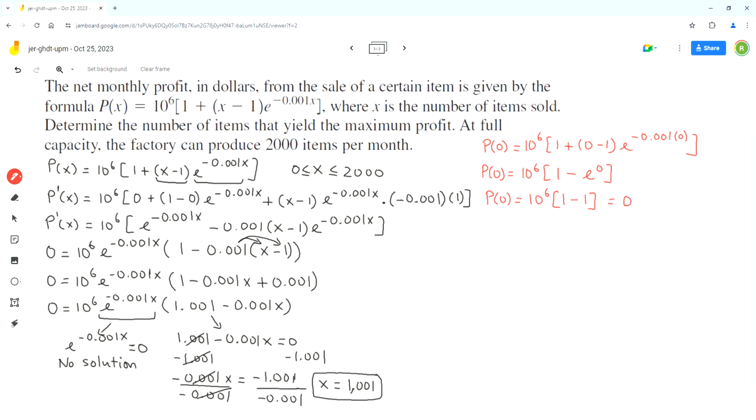Now we can find the profit value for x equals 1001.